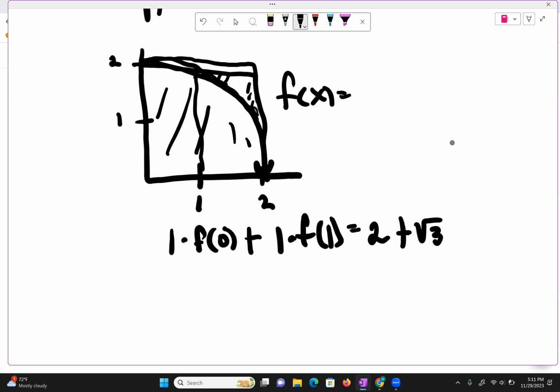And that approximately comes to 3.7321 square units.